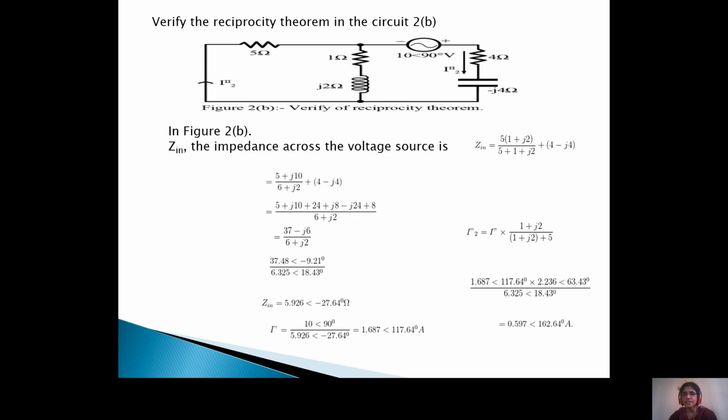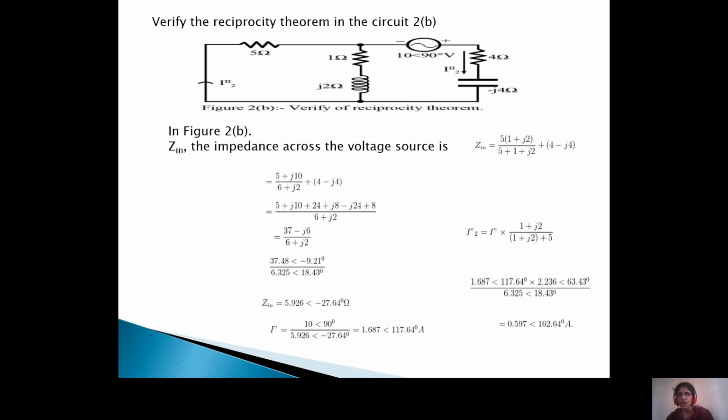So I double dash is equal to 10 at an angle of 90, that is the total voltage. The current flowing in the circuit will be total voltage by total impedance, 10 at an angle of 90 by 5.926 at an angle of minus 27.64. That is 1.687 at an angle of 117.64 amps. But we want the current I2 dash.